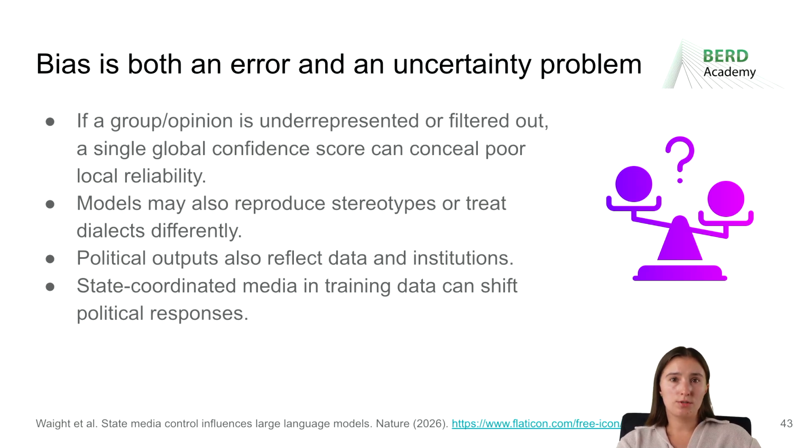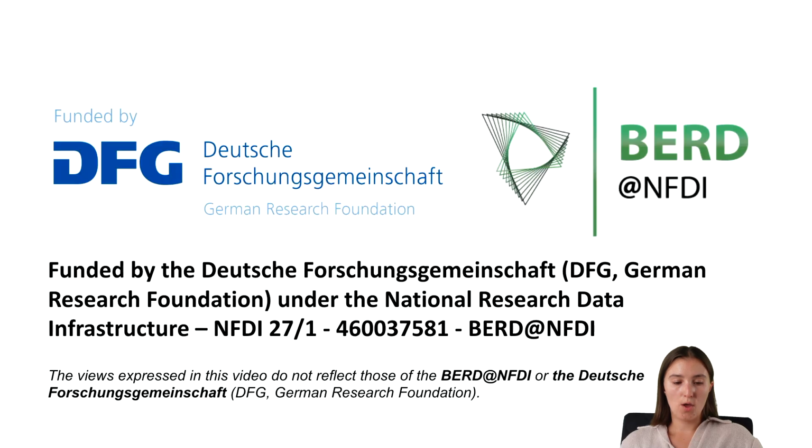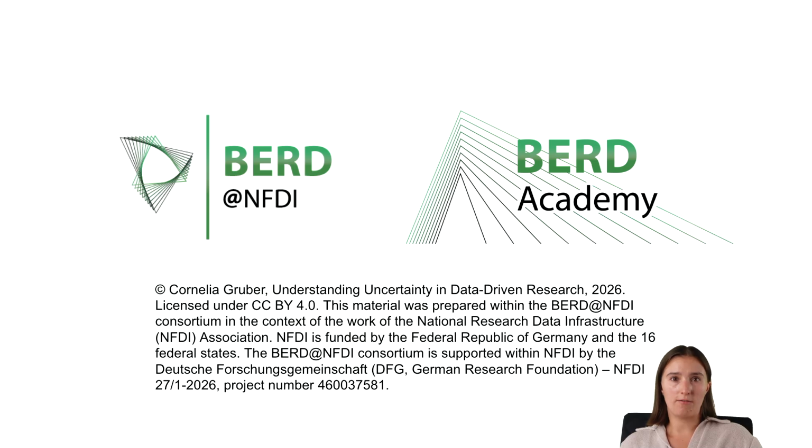Models can also reproduce stereotypes or treat dialects differently, which is also a bias, and can increase uncertainties and error rates depending on, for example, if you prompt it in a dialect. And we talked a lot about how political outputs can reflect the data that it was trained on, or some actions that institutions did.